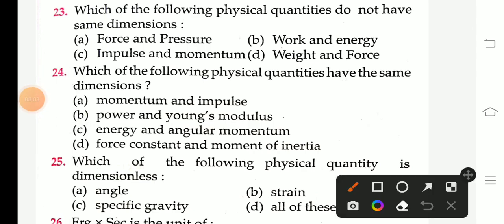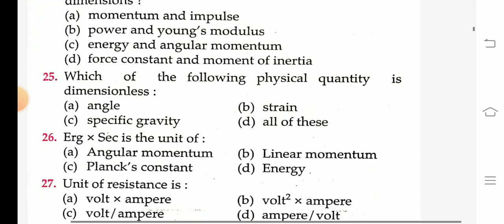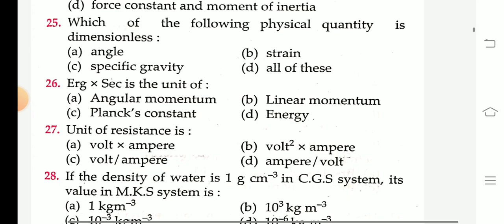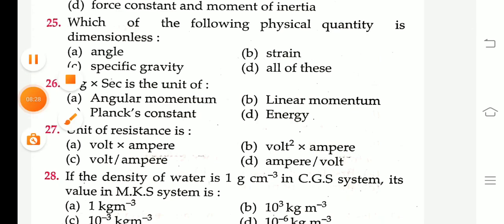Which of the following physical quantities do not have same dimensions? Force and pressure. Which of the following physical quantities have the same dimensions? Momentum and impulse. Which of the following physical quantity is dimensionless?